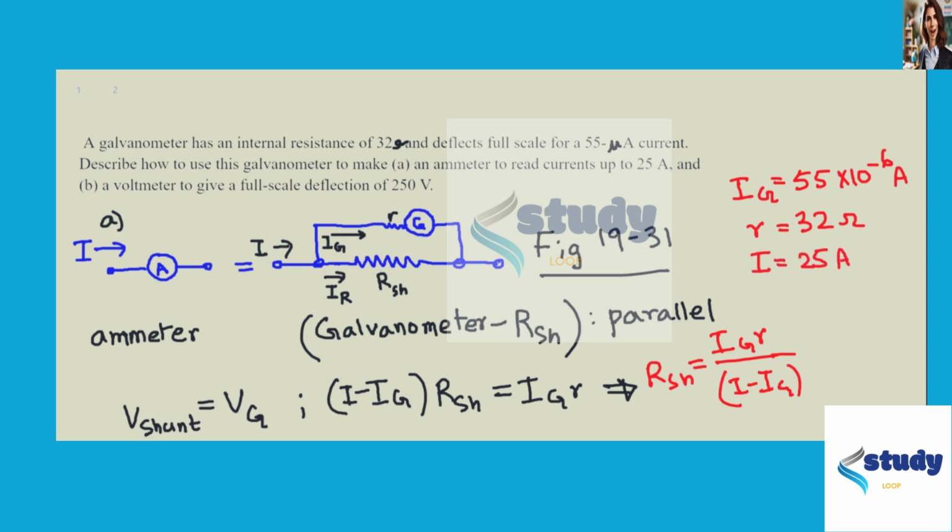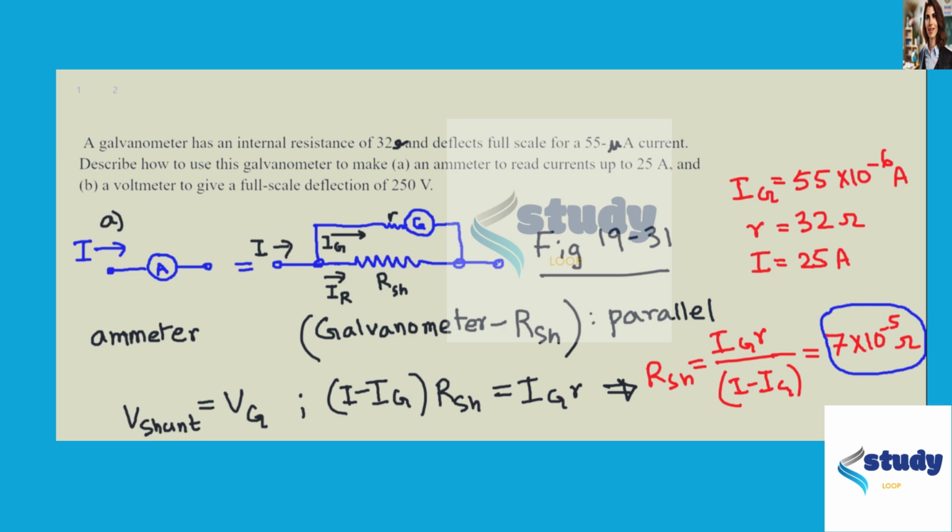Right, so if we plug in all the numbers here, we get our R as 7.5, sorry, 7 times 10 to the power minus 5 ohms. So that's the resistance that we need to make the galvanometer an ammeter.